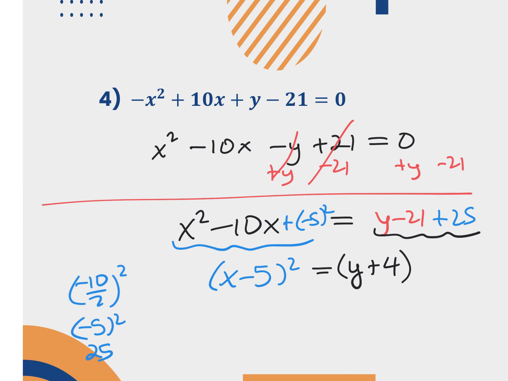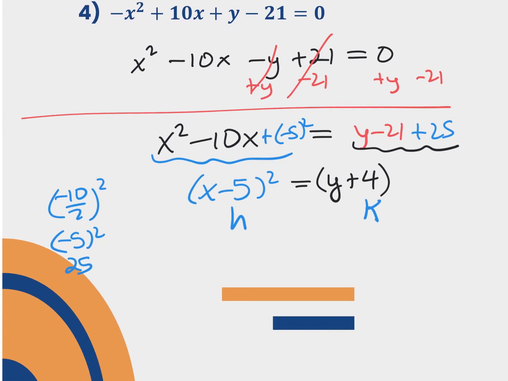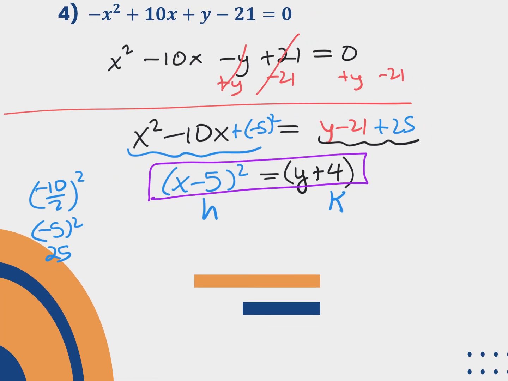Remember, this is k. This is h when I go to pull out my vertex. So the standard form, we stop here. This is what you would write on the line. But now we've got to answer all the questions. So the vertex is your h and k. I pull it out with opposite signs, so 5 and -4.